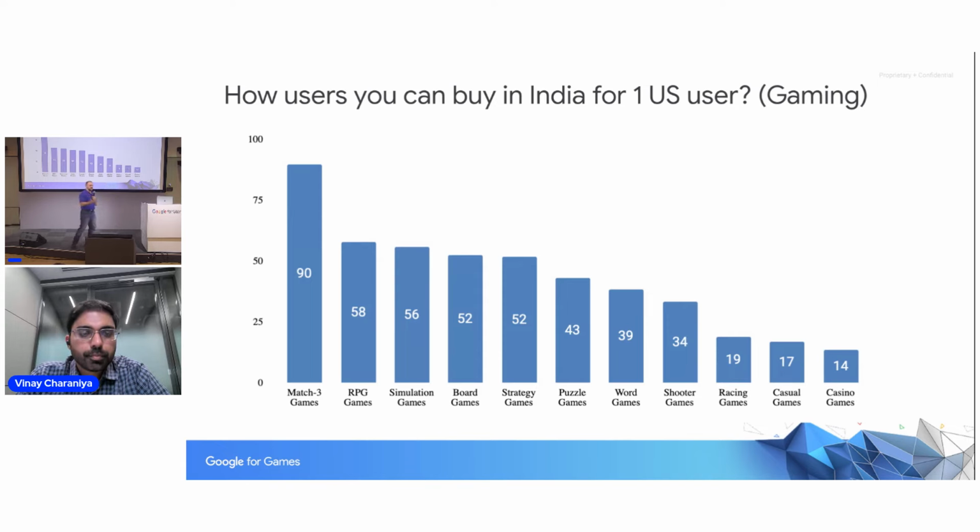If advertisers in a specific market pay a lot, it means they earn a lot on that user, because otherwise they wouldn't spend so much. So if I'm from those categories, it means the user quality is pretty strong, and I can really think about spending in India. If I'm in those categories, it's a really good place to buy a lot of users for a very cheap price versus US users.